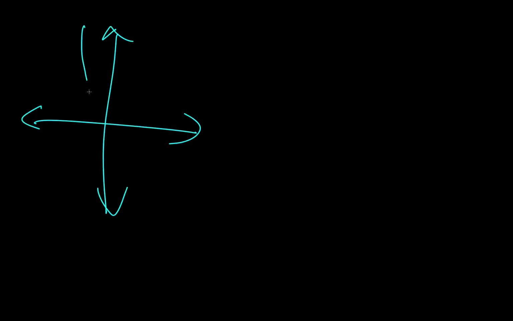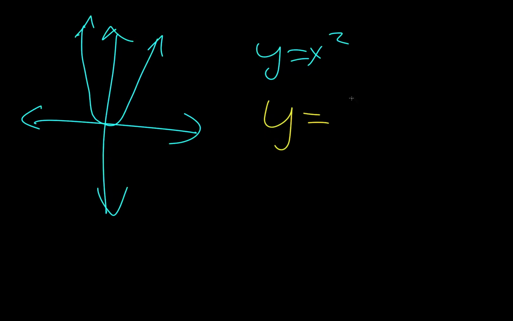Okay, another graph. We start with a parabola. It looks like this. And it's given that the graph is y equals x squared. And then we want to graph y equals x minus 4 squared.